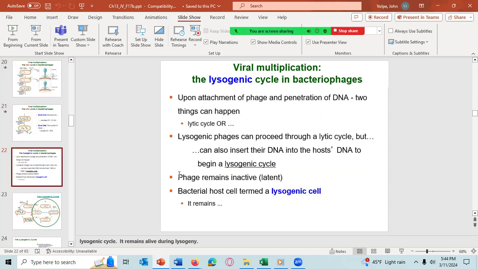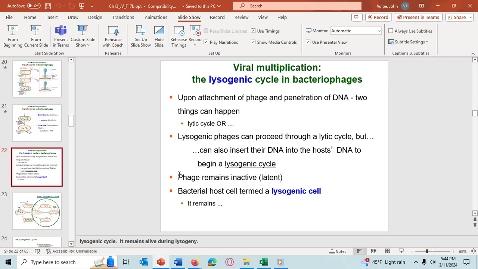However, the virus can choose to enter the lysogenic life cycle, and it will, in the lysogenic life cycle, not lyse its host cell. The virion and the host cell will live together in symbiosis for as long as the lysogenic life cycle continues.